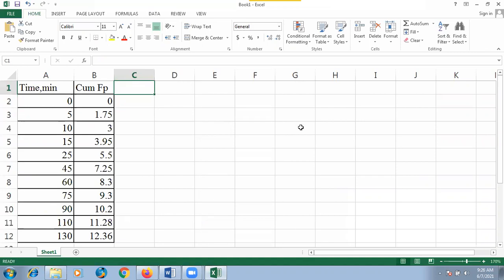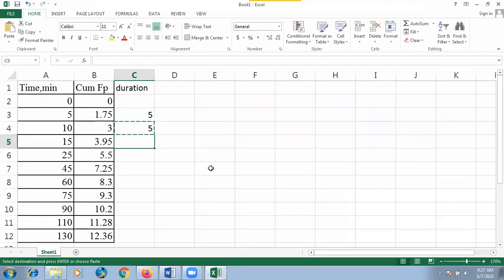For that, you have to know the time intervals. If you look into the duration, look here, 0 to 5 minutes, 5 to 10 minutes, 10 to 15. These are all intervals of time. Therefore, the interval starts from here. This is 5 minus 0, 5 minutes. The next one, 10 minus 5, again 5 minutes.